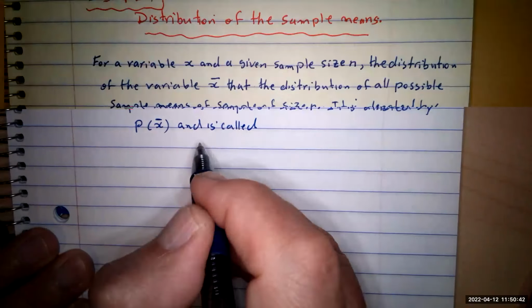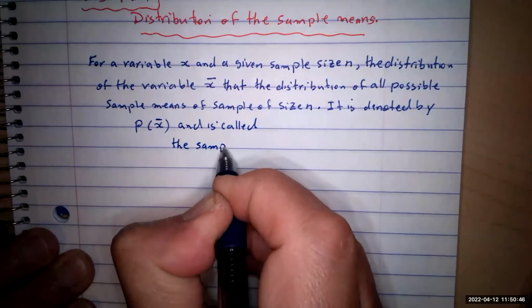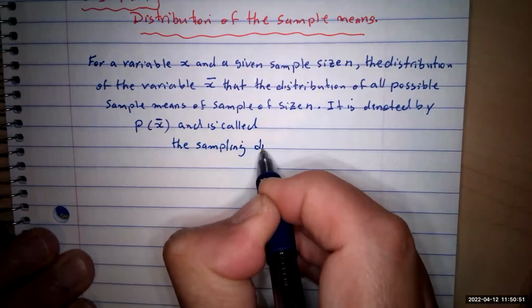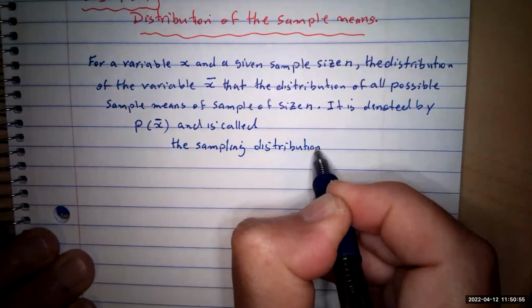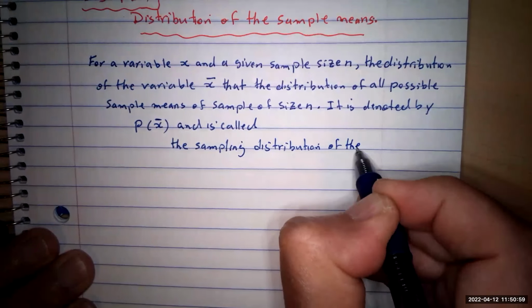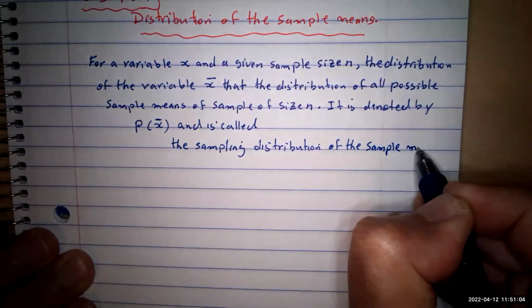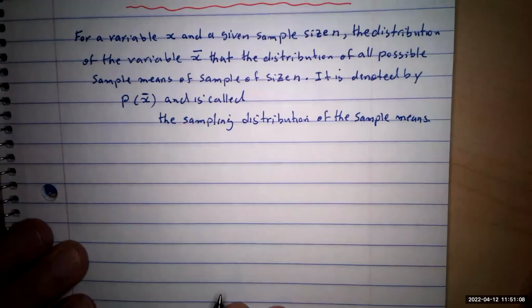This is the expression of your book: the sampling distribution of the sample means. Shortly, we say distribution of sample means, which means we pick various samples and we find their means.